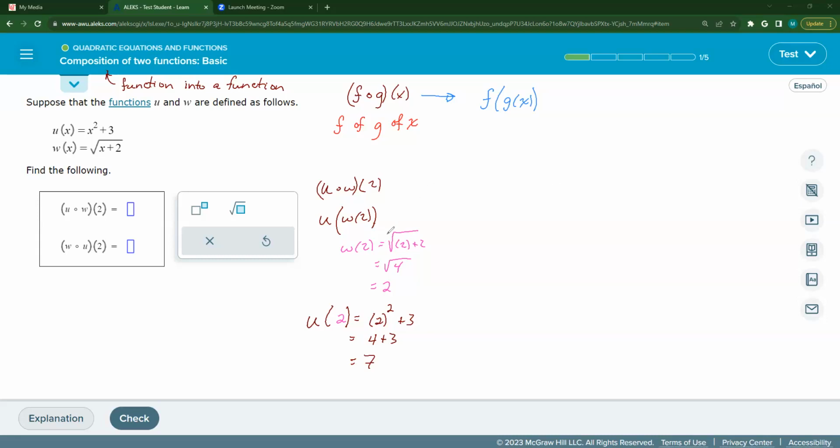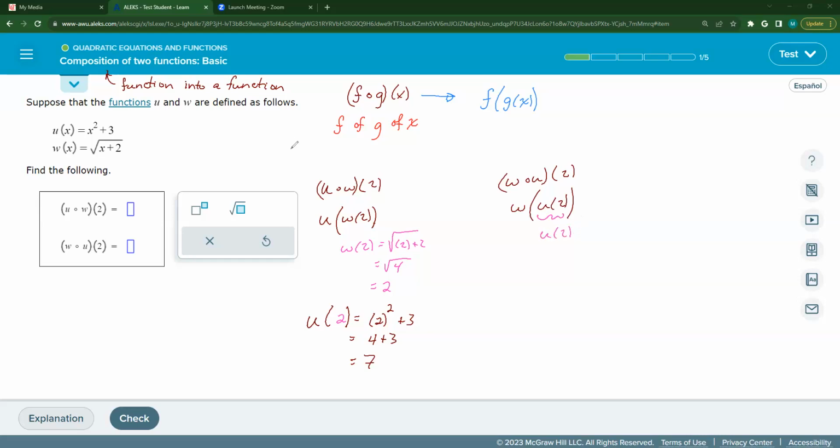And then I'm going to do W of U. So W of U of 2 is going to be W, big parentheses, U of 2. All right, so inside the middle, we've got this U of 2.